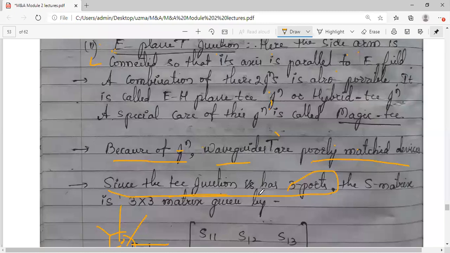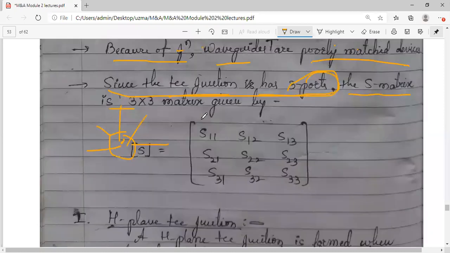Since the T junction has 3 ports, what will its S matrix be? The S matrix will be an n cross n matrix, where n is the number of ports. So it is 3 cross 3, and totally 9 elements will come in the S matrix of these waveguide T's.